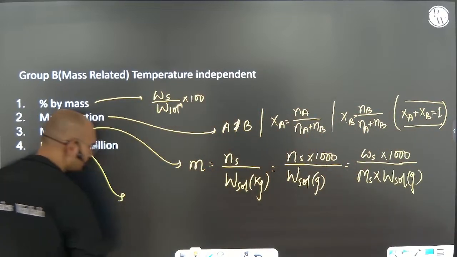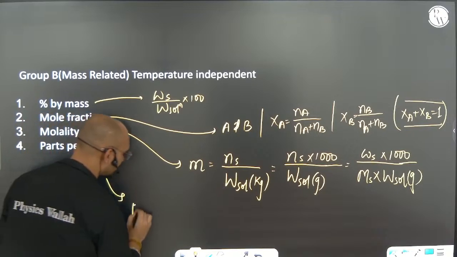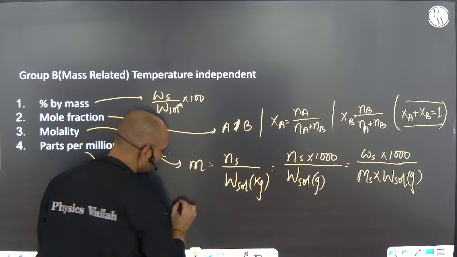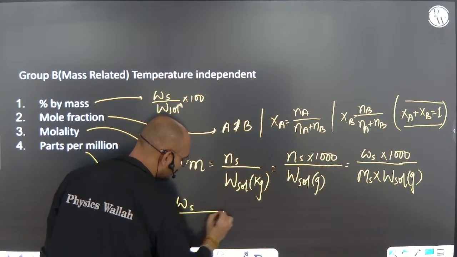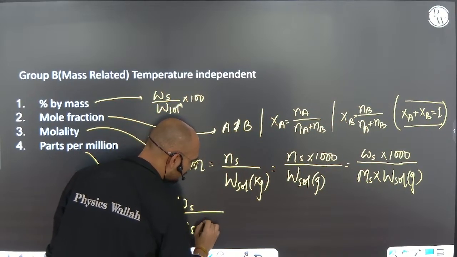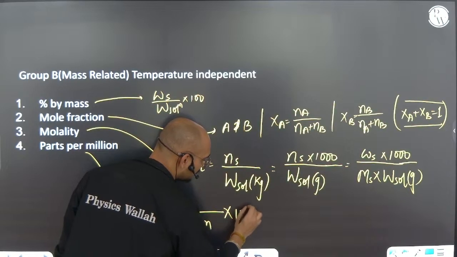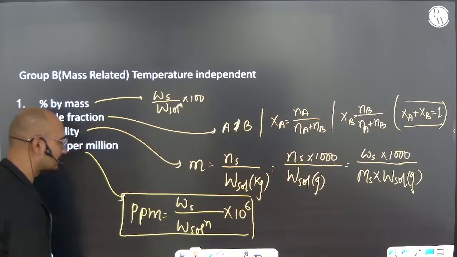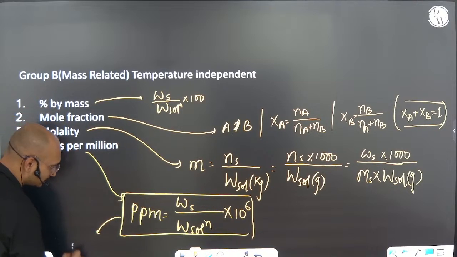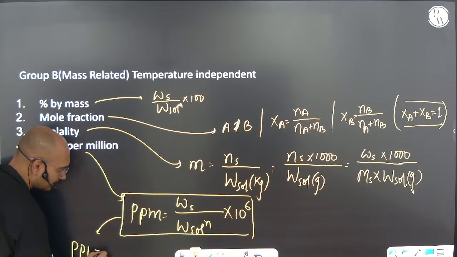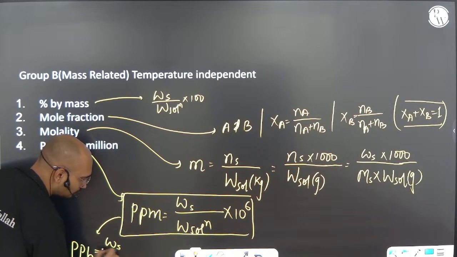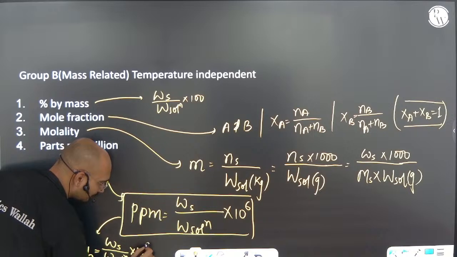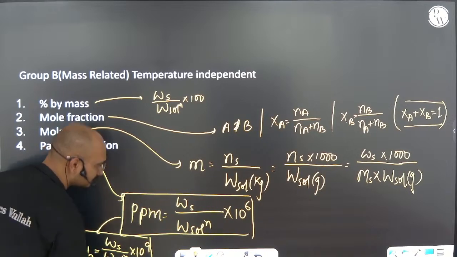Parts per million. ppm can be presented in many forms, but I will be writing in terms of mass only. So mass of the solute by mass of solution multiplied by 10 to the power 6. Its brother is ppb, parts per billion, which equals mass of solute by mass of solution multiplied by 10 to the power 9. When do we use ppm or ppb?